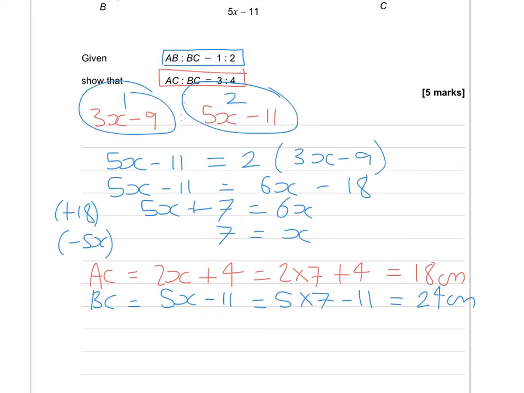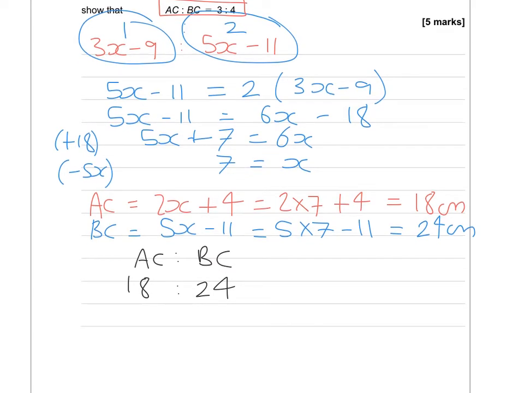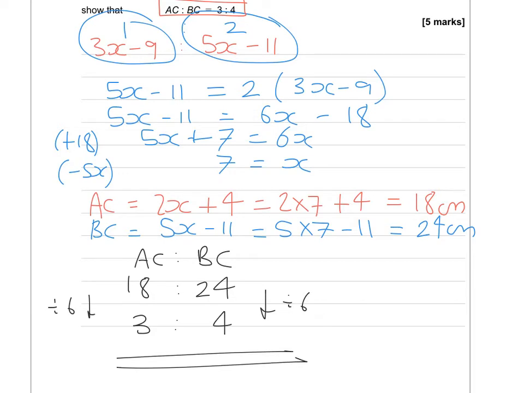So we now can work out the ratio of AC to BC as 18 to 24. This is a ratio that can be simplified. Divide both sides by 6, and we then get 3 to 4. Which was what we were required to show.